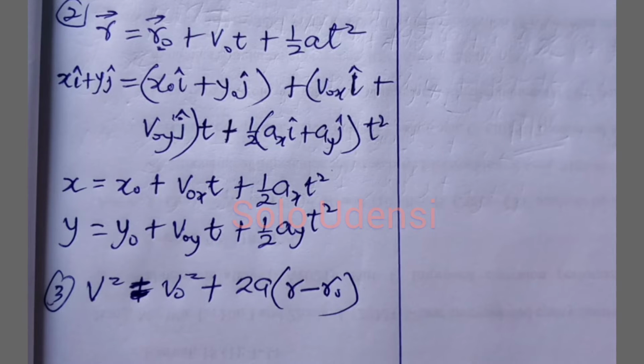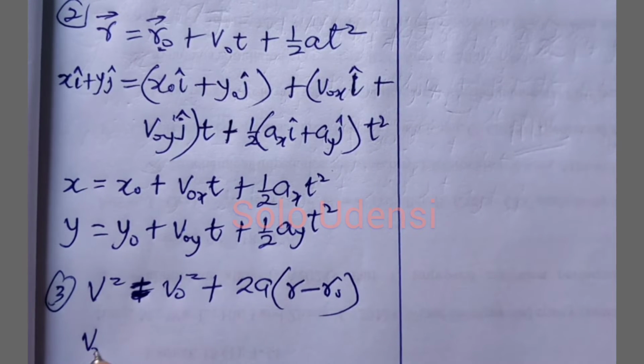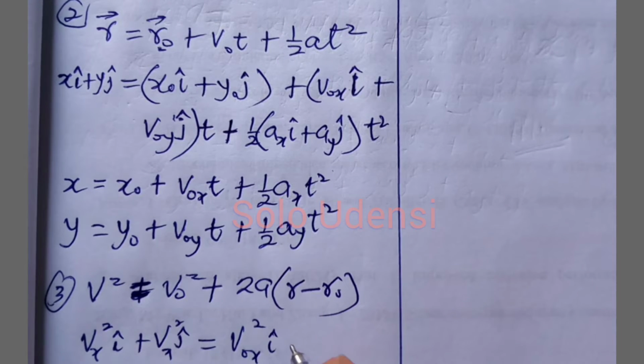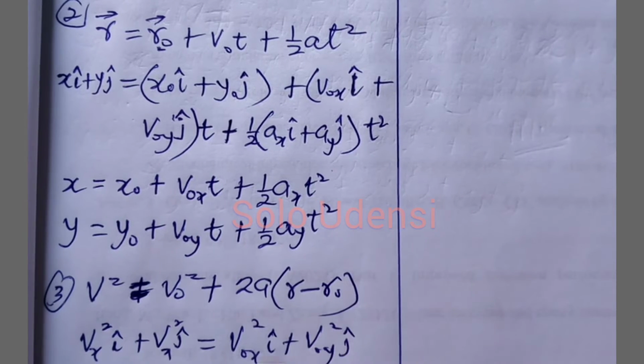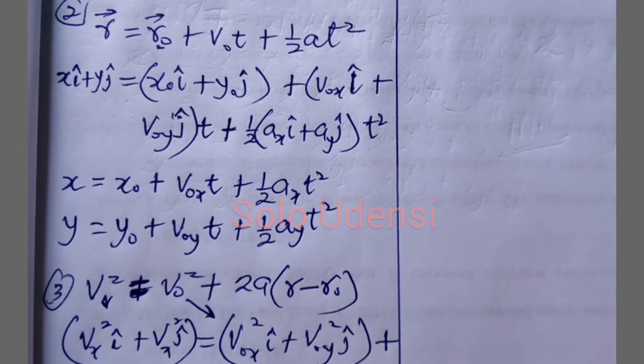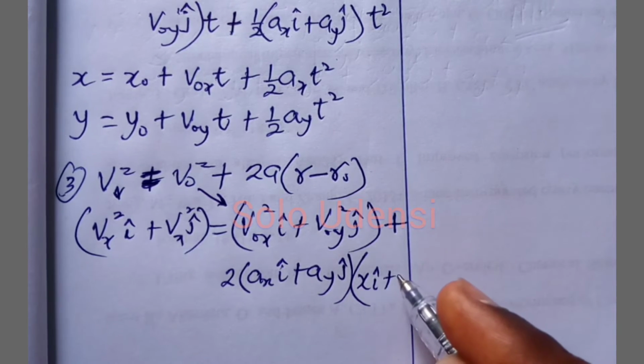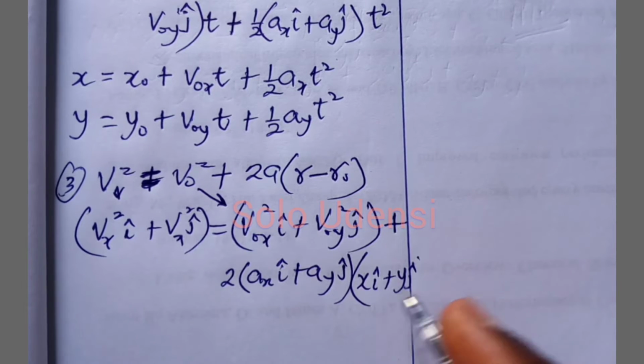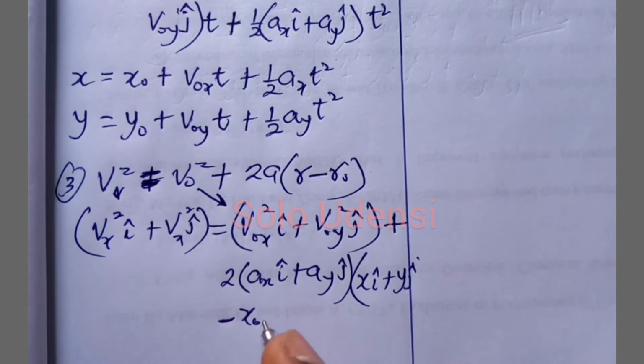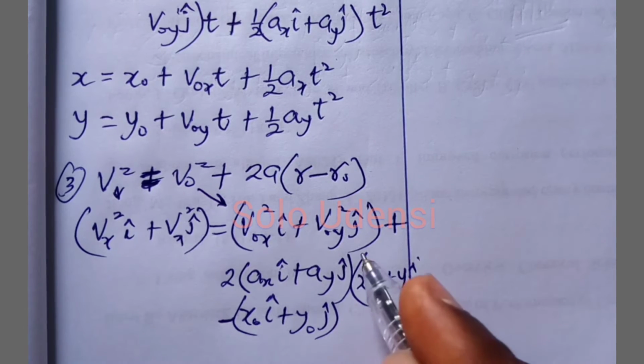So on the left hand side we will have vx squared i + vy squared j equal to v0x squared i + v0y squared j, plus 2(ax i + ay j) into [(x i + y j) minus (x0 i + y0 j)].